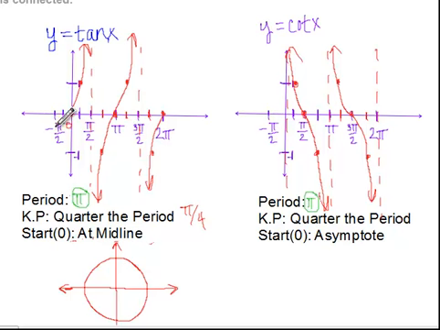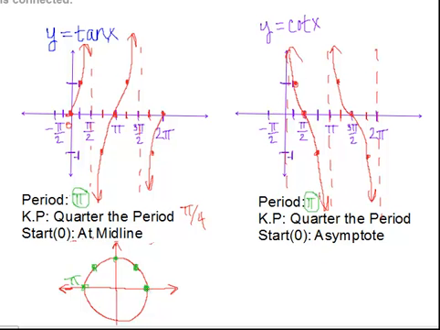The reason why we use these as our key points is that they're on the unit circle. What you're going to get are some solid, nice numbers to work with at that quartering of a pi. So here is my 0, and if I were to ask you what is tangent of 0, well, remember tangent is the opposite over the adjacent, or TOA, but also it's known as the y over the x.